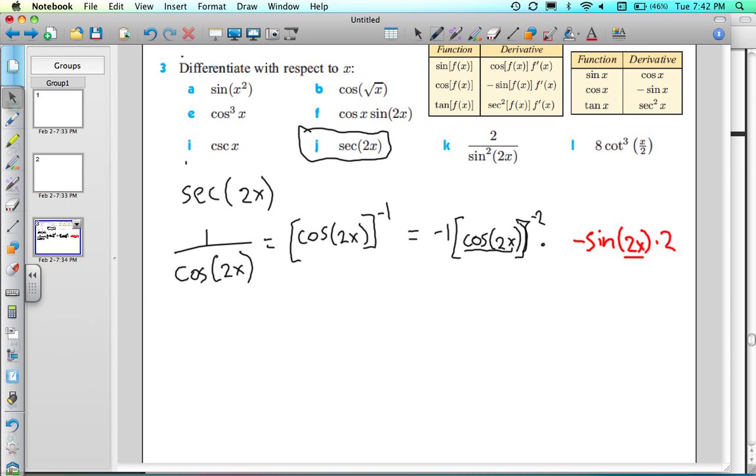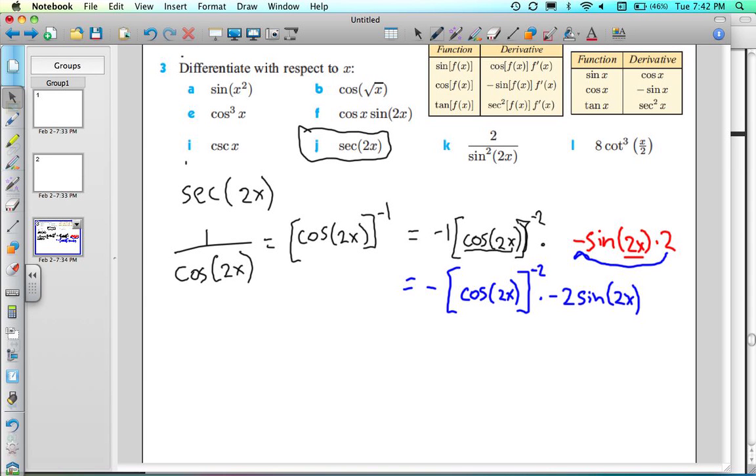So here in purple, we have the quasi-finished answer so far, which is negative cosine of 2x raised to the negative 2 times negative 2 sine 2x. All I did is bring that 2 up to the front.